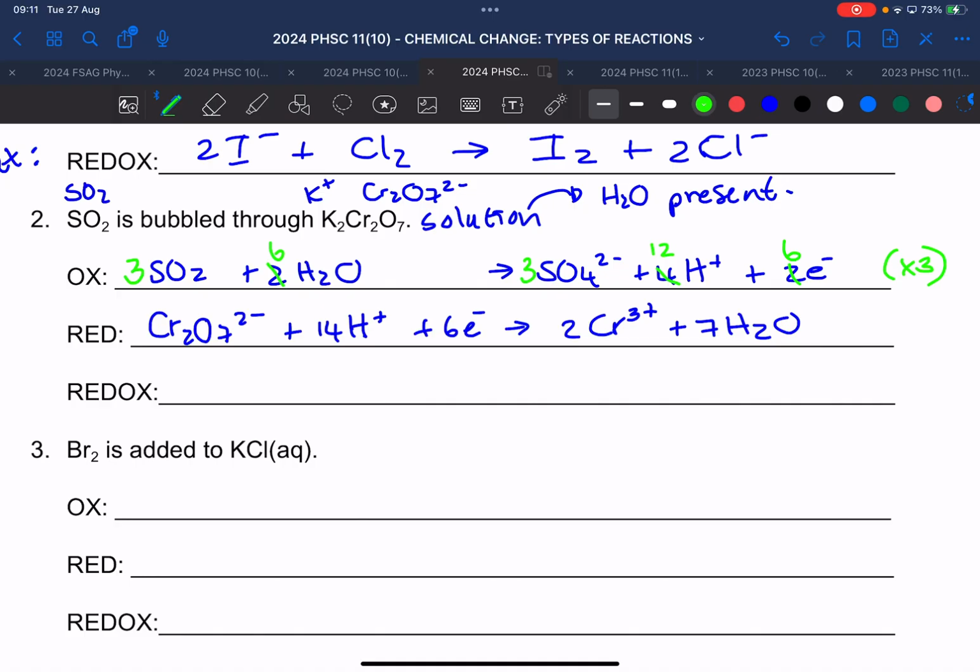Cancel out the what? Yes. So we see here 6 electrons, sharp. Cancel out, cancel out. Is there anything else that can cancel out or not?